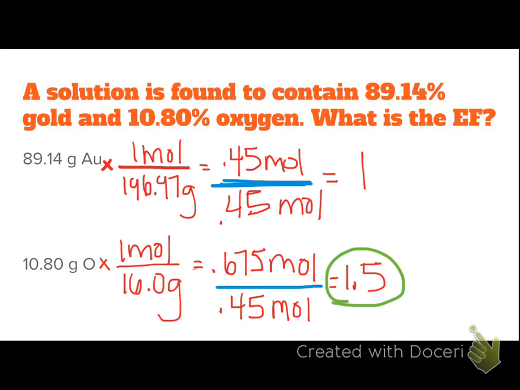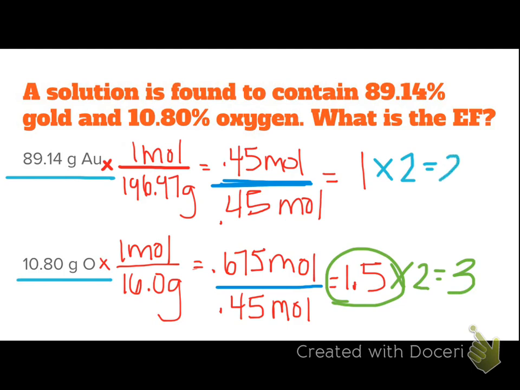If I multiply it by 2, I get 3. 3 is a whole number, so I'll take it. I'm going to multiply this by 2 to give me 3. Now here's the thing that I see happen a lot, is we forget this step here. If I multiply my oxygen by 2, I must multiply my gold by 2. So 1 times 2 is 2.